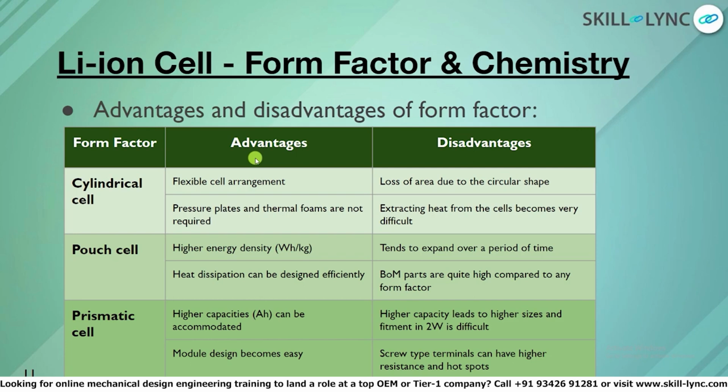Since the cell charges and discharges, there will always be an expansion and contraction in the electrodes, which means after a certain point of time, after 10 charge cycles or 100 or 200 charge cycles, you might have observed the cell is a little bit bulged, and that you cannot see in a cylindrical cell because of its nature of construction, having a cylindrical can around it.